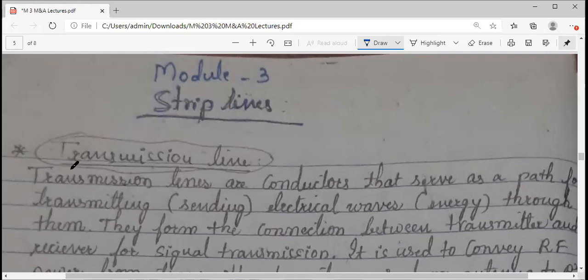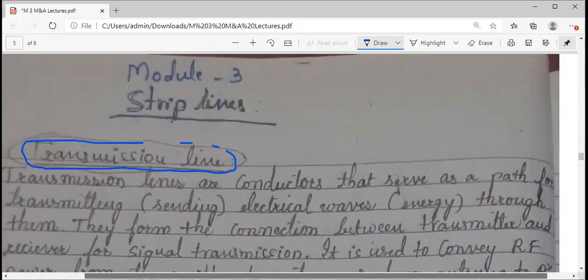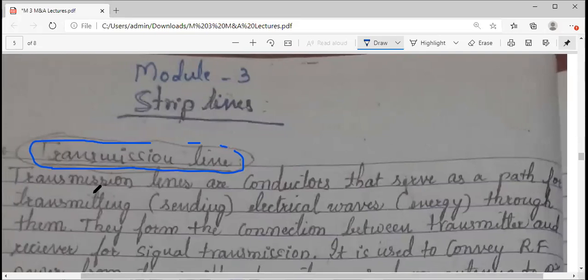So let me just give you a brief introduction. What is a transmission line? We have already studied this. In module 1, we started with the transmission line concept itself. So just a recall: transmission lines are the conductors that serve as a path for transmitting electrical waves, or sending the energy through them. They are the channel or the medium through which you're sending, and they are made of conductors.